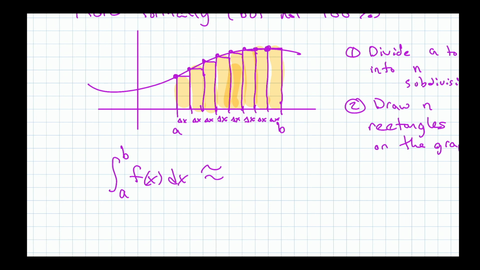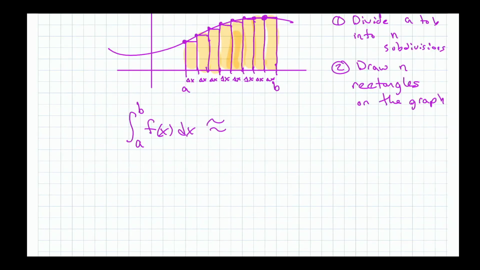Okay, and so the area of those rectangles is going to be something like: the width of the first rectangle is delta x, and the height of the first rectangle is f of the first x value, whatever that is. So if I start numbering these x values, this one could be x0, x1, x2, x3, and so on.